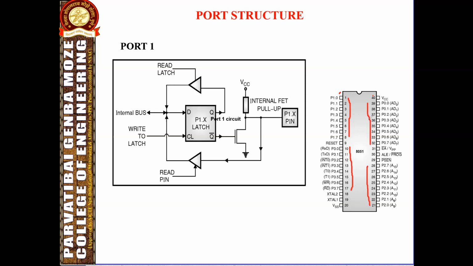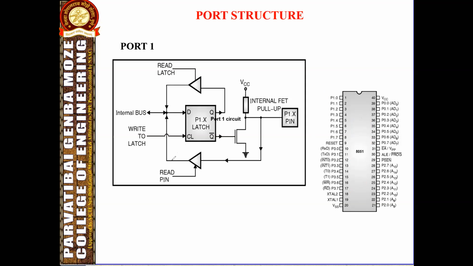Each port takes 8 pins. Port 0 consists of 8 pins, port 1 consists of 8 pins, and similarly port 2 and port 3 consist of 8 pins. Each port is an 8-bit port.